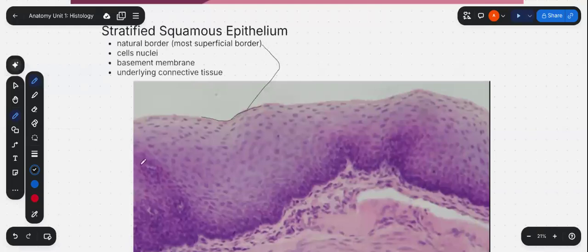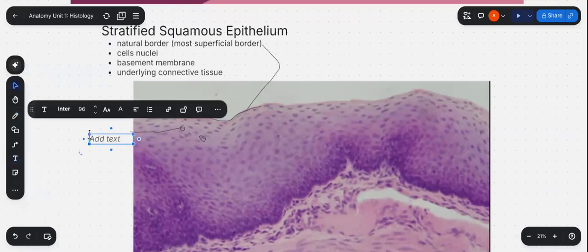Then we have the cell's nuclei. If you see all of these tiny little purple dots that are here within the top layer, these are going to be the cell nuclei. So over here, both of those are your cell nuclei.